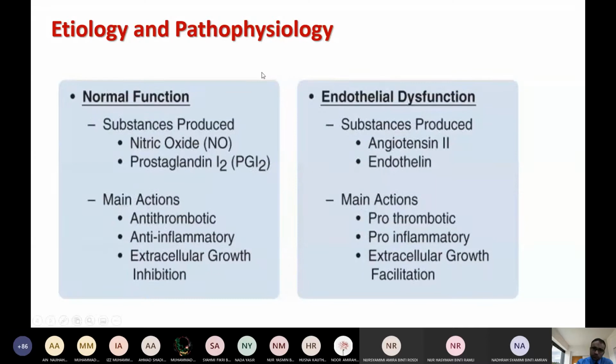Most of the factors that we highlighted as modifiable risk factors somehow affect here, because of endothelial dysfunction, and that's how smoking is linked to stable ischemic heart disease. Normally we have antithrombotic, anti-inflammatory substances. Once endothelial dysfunction happens, this substance is produced, and the main action will be more prone to inflammation, more prone to thrombus, and many other problems in this cascade will happen.